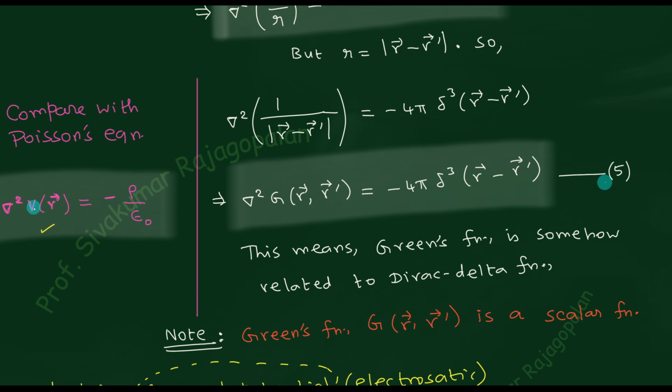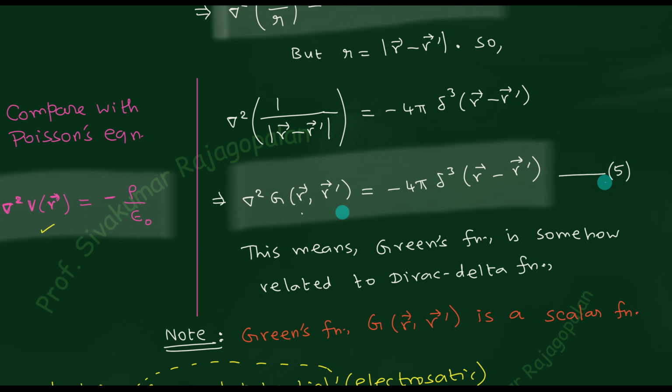But what is interesting about the electrostatic problem, namely the Poisson equation problem, is that you don't have to struggle to solve equation number 5. Instead, 1 divided by r minus r prime itself is the Green function. That is what we have seen from the beginning. 1 divided by r minus r prime, which I already highlighted, is going to serve as the Green function.